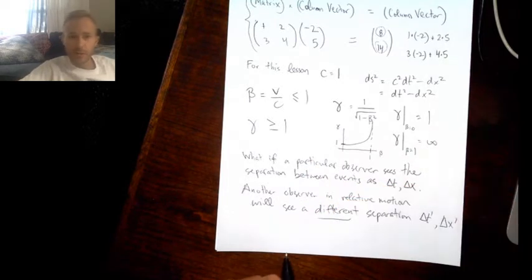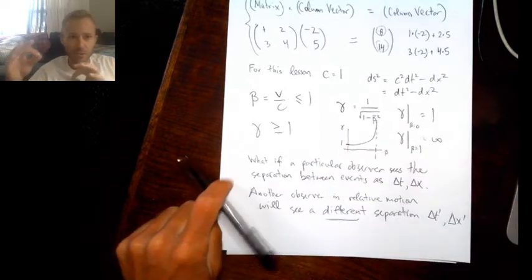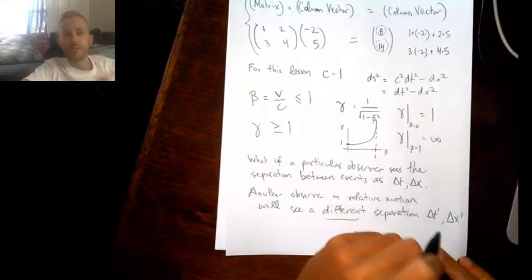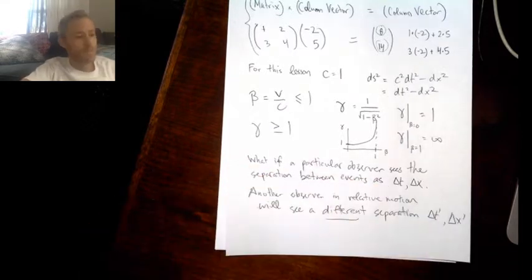Okay? So the space-time separation between events depends on the observer. And so there is a relationship between delta t and delta x and delta t prime and delta x prime.